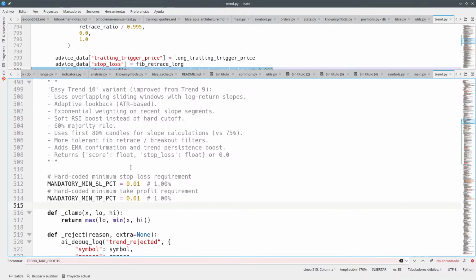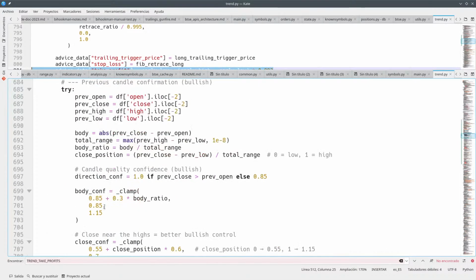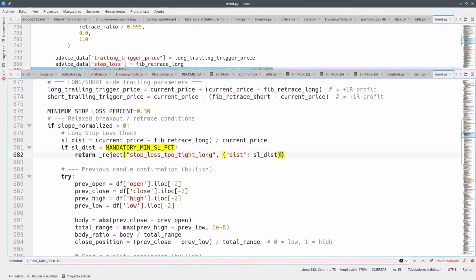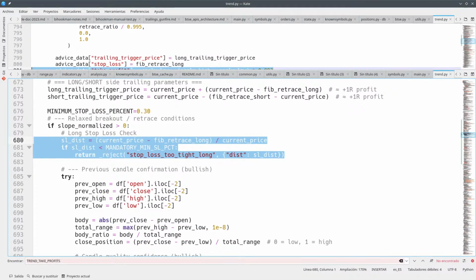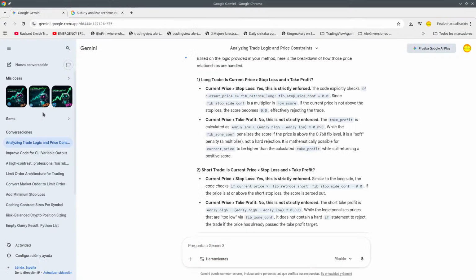I mean, we are sort of doing a ratio of 1-to-1 here. I mean, more than 1-to-1. Okay, so yeah, let's ask Gemini to generate this thing.